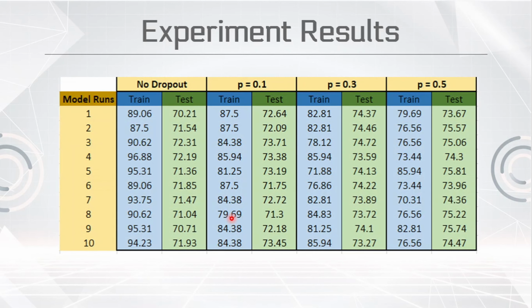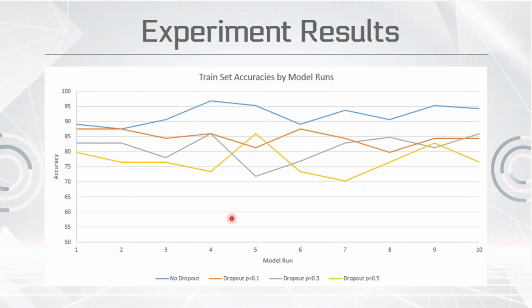I have put a table. You can pause the video and check the values, but I have used a better visualization technique, which is a line graph for the comparison. Here the blue line is the one which has not used any dropout. As you can see, for the train set accuracy, we will see the test set in a minute. For the train set, when we don't use dropout, the score is the highest.